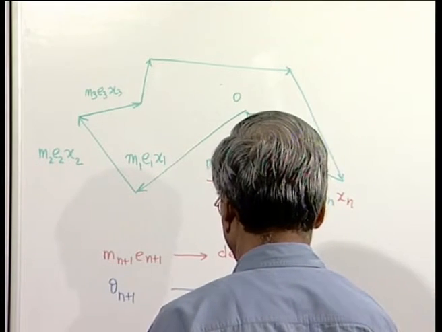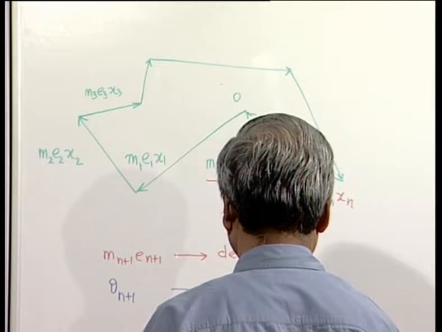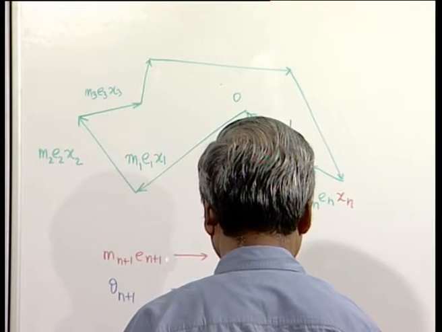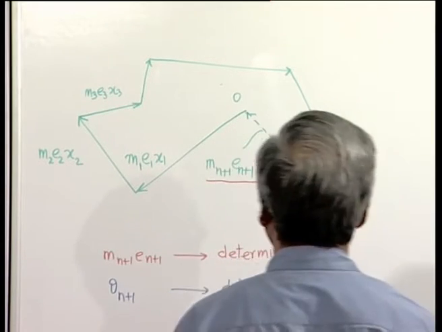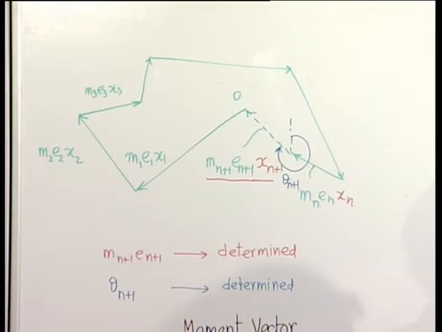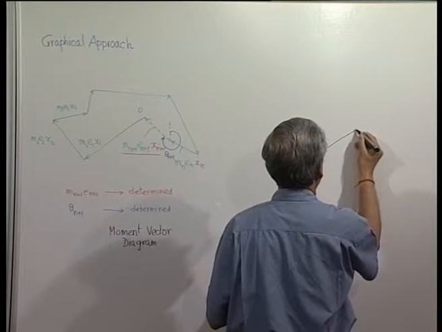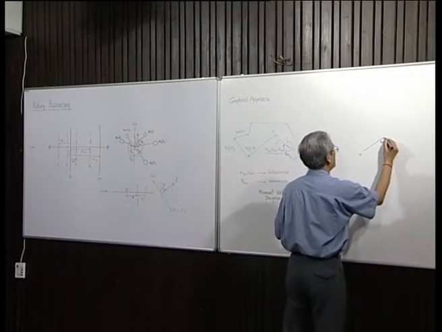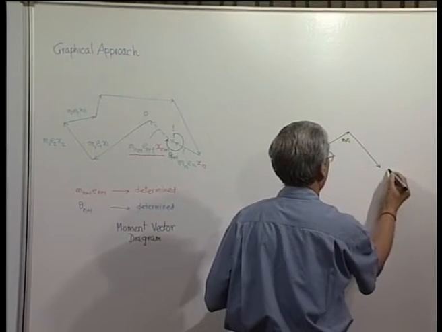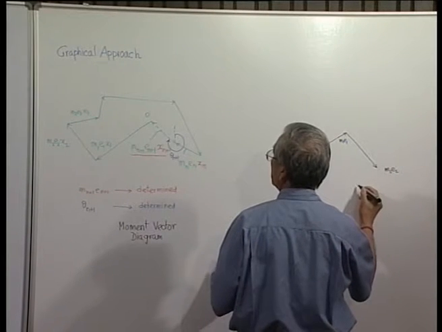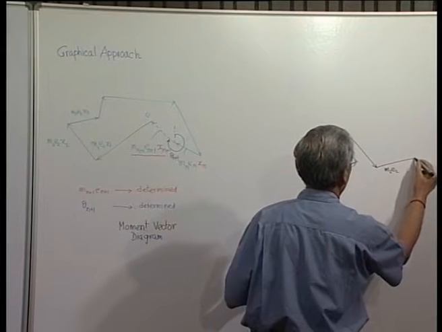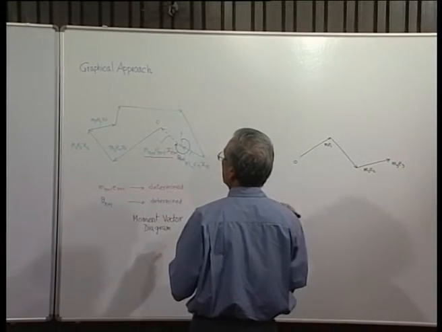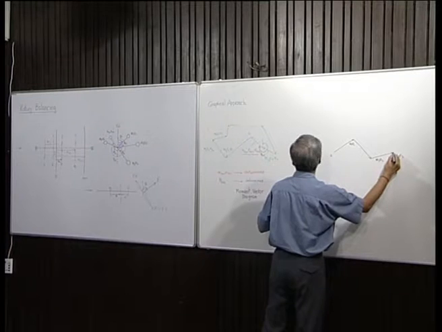This is the moment, and the force vector diagram will be, again we start from 0, this is M1 E1, M2 E2 will be in this direction, M3 E3 will be in this direction, then we have two more as placed here.